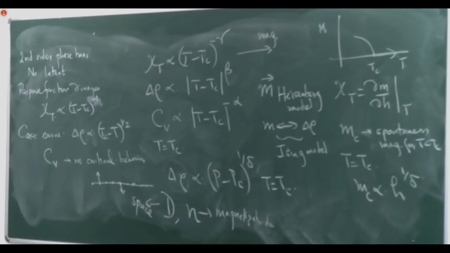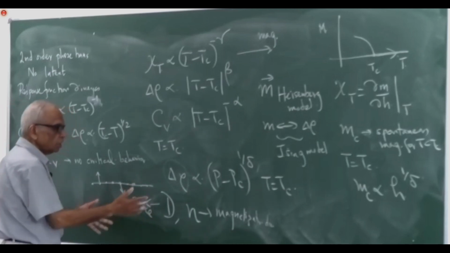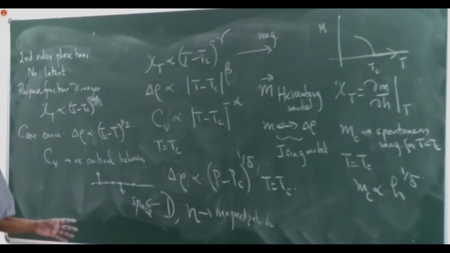Certain points in D equal to 1 are interesting. So just for completeness, we'll quickly go over the D equal to 1 and then look at the mean field theory. The D equal to 1 has the advantage that it can be done exactly.